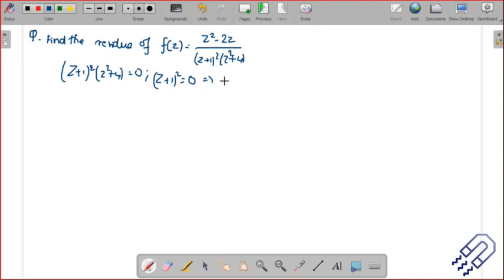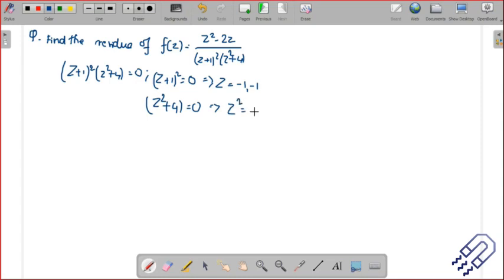That means if you just find out the value of z, you'll see it will be minus 1, power is 2, so that means twice. So it's not a simple pole, it's a pole of minus 1 and the order is 2. And then the second one would be z square plus 4 is equal to 0. So square it and take it on the other side.